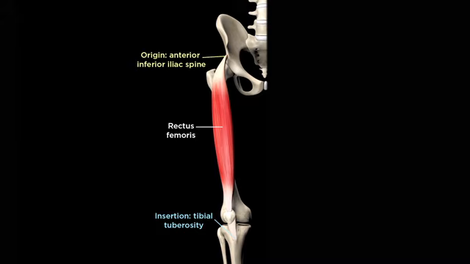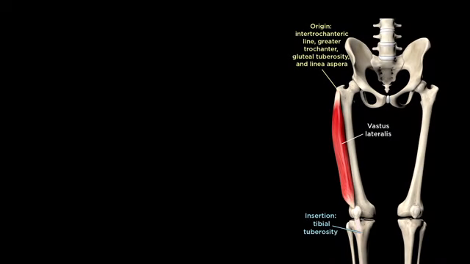It is used when thigh flexion and knee extension are needed together, like when kicking a ball. The other three members of the quadriceps group all originate from the femur itself, and since they don't cross the hip, can only act in knee extension.